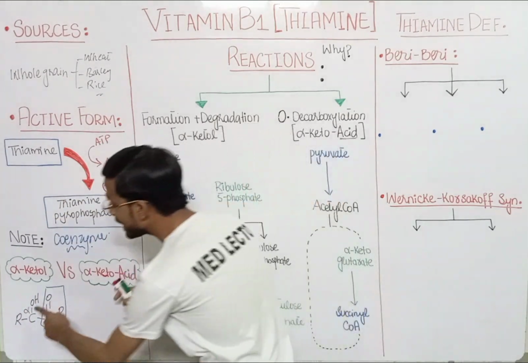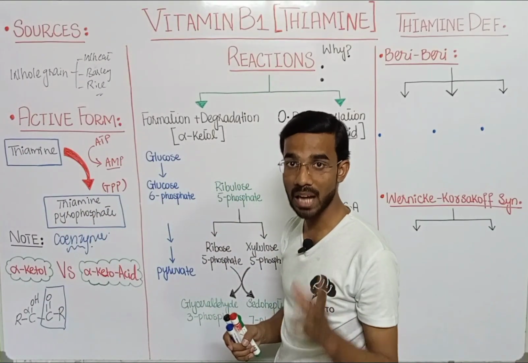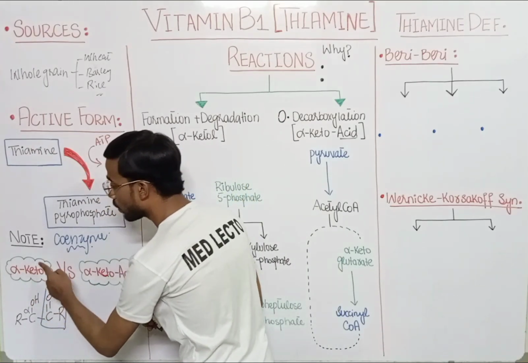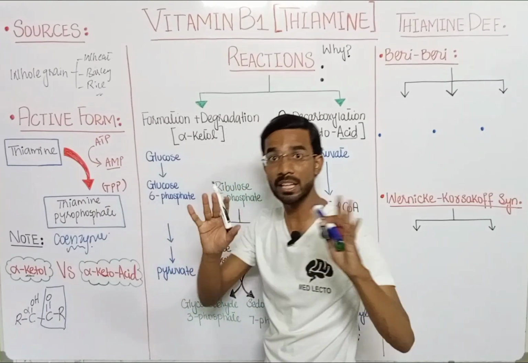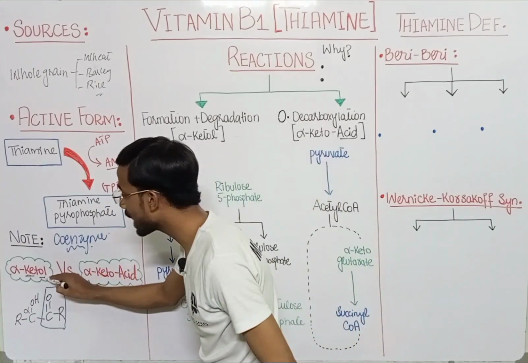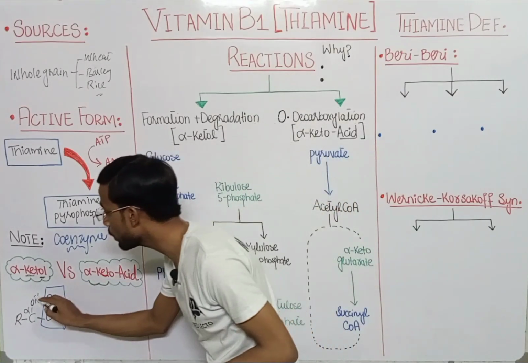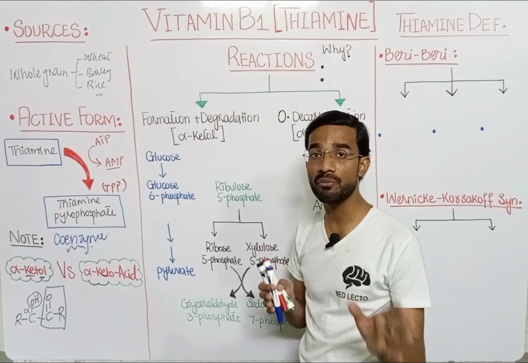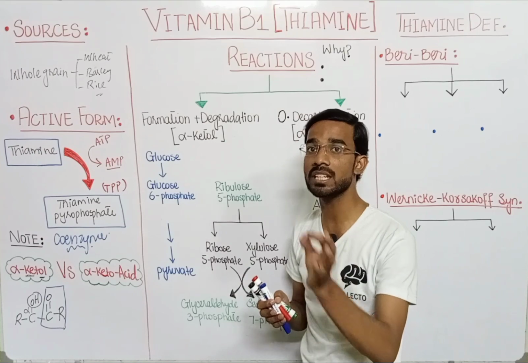At the alpha carbon you will see the attachment of the hydroxyl group. That's why we call it alpha ketol. Keto means something related to the ketone, and OL means something related to the alcohol, which has the functional group OH. So you can also say alpha hydroxy ketone.